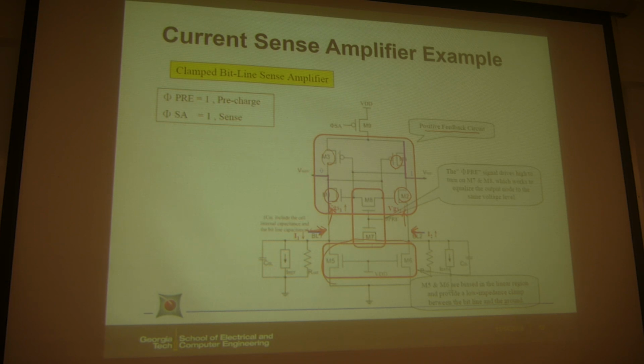Current mode, you want the input resistance very small. So if your signal is to, let's say, the gate of the transistor, it's a voltage mode, right? Because the gate should be like an open circuit if you look into that. So you have the voltage on your gate. But if your input is to the source of the transistor, you flow current into the source.